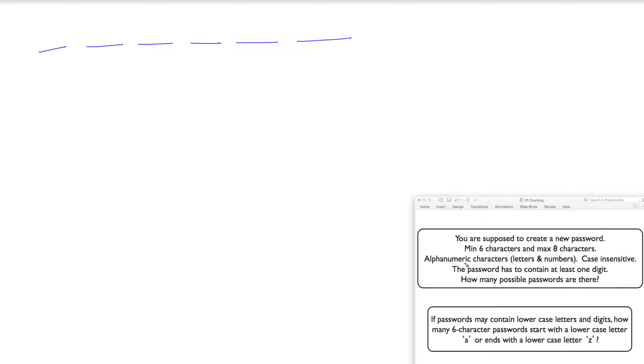And it says that it's alphanumeric characters, letters and numbers, case insensitive, but the password has to contain at least 1 digit. Now, if it can be any one of them that is a letter or a digit, essentially there are 26 letters plus 10 digits, so each one here is going to have 36 possible choices.